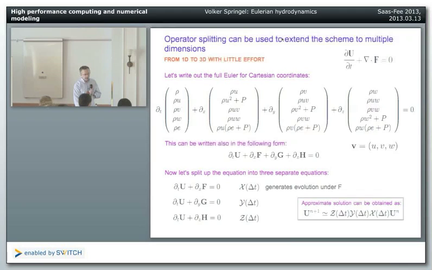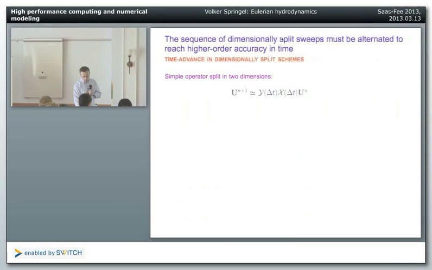But to get second order time integration accuracy in this operator splitting approach, I need to do something more. I need to suitably alternate the application of these operators. In a two-dimensional solution scheme, these are called sweeps. I could first do a sweep in the x direction to update the x dynamics and then the y dynamics.